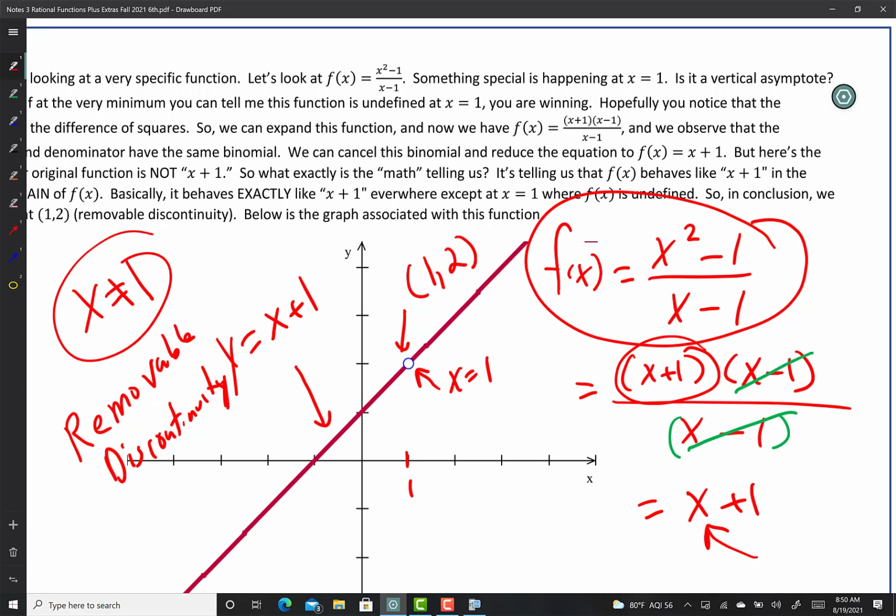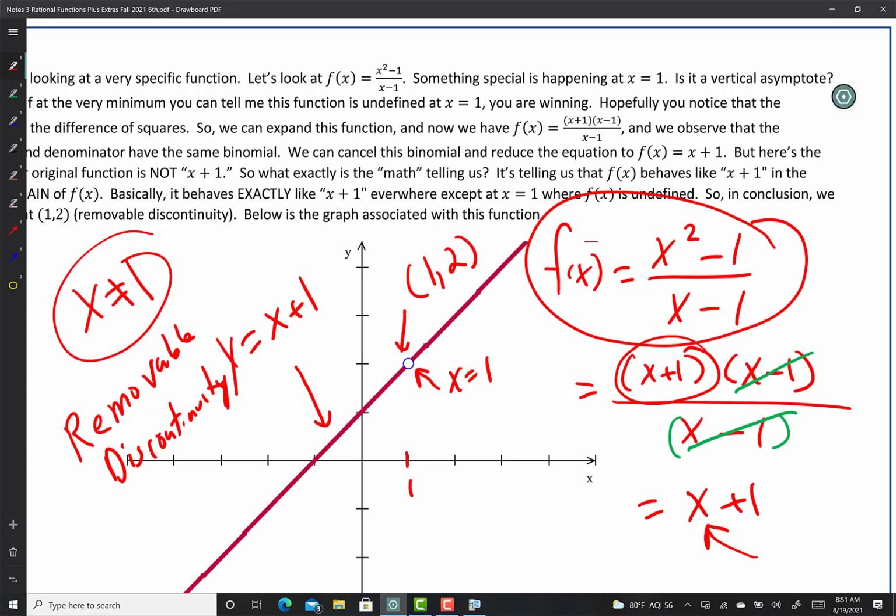Okay. How do we feel? Yes, ma'am. Okay, so do we get the hole from the fact that our end equation is x plus 1, or do we get it because we canceled out the x minus 1? We get it from a combination of two things. x equals 1 is not part of the domain. So if you're not part of the domain, I should not have a pixel there, right?